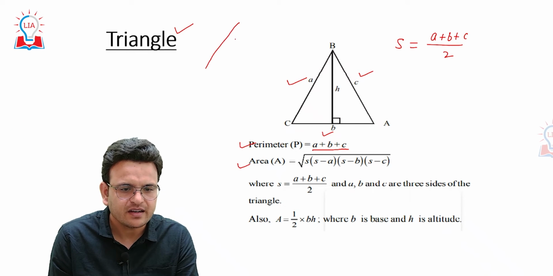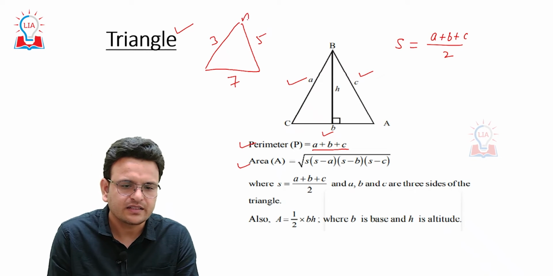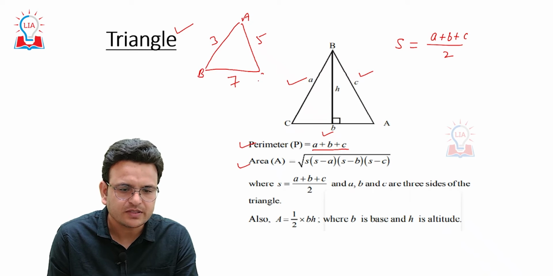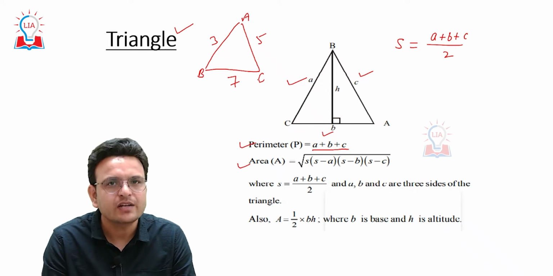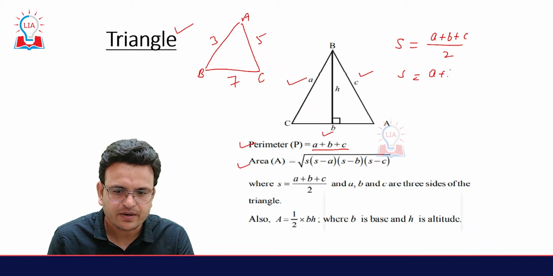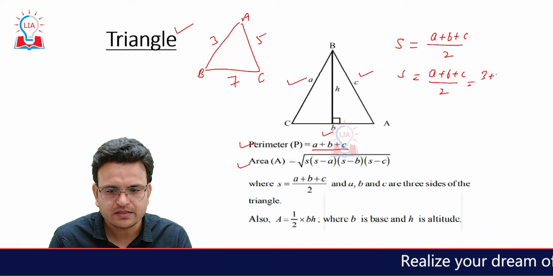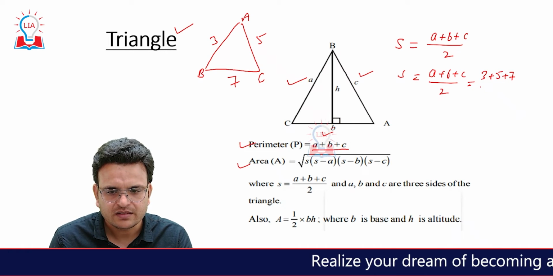Consider there is a triangle and the sides of the triangle are 3, 5, 7, and what will be the area of this particular triangle? So we have to calculate S first. S is nothing but A plus B plus C by 2. We have to add 3 plus 5 plus 7 by 2.